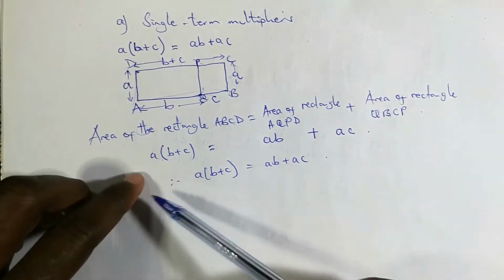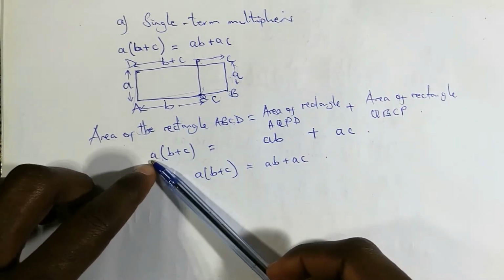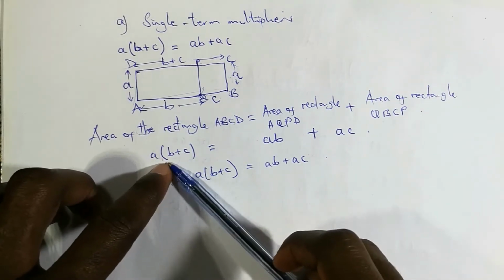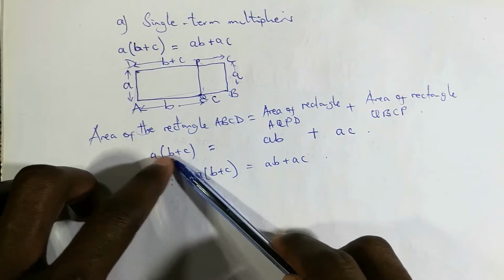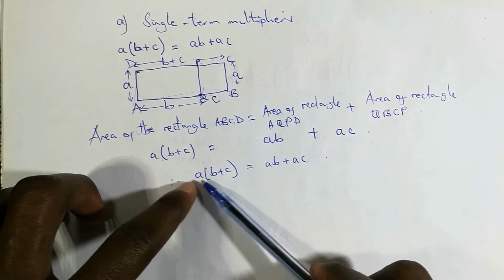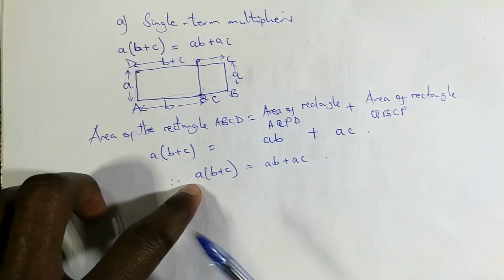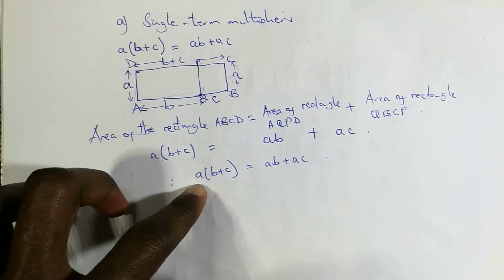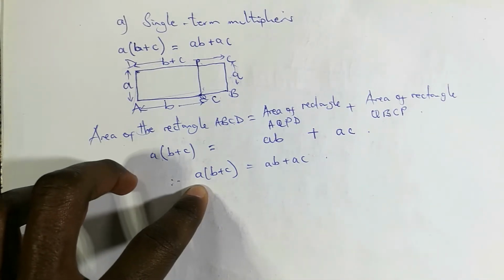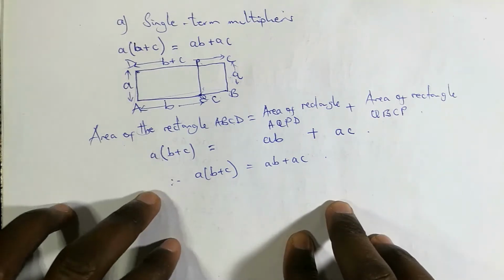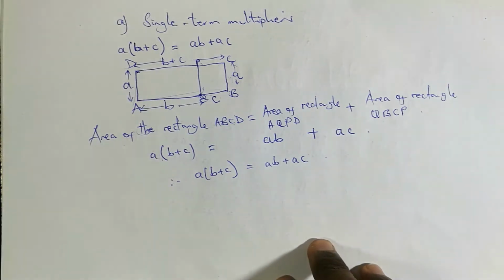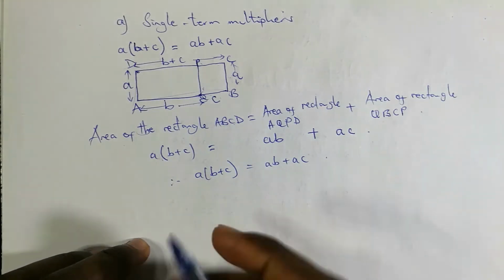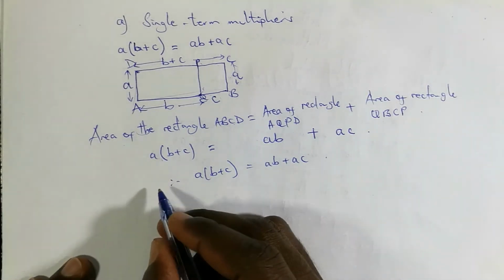If you realize, the single term multiplying this bracket multiplies each term inside the bracket, which is given here, and that's one of the expressions we need to know before we start expanding our algebraic expressions. And we also have to notice the sign before we continue.